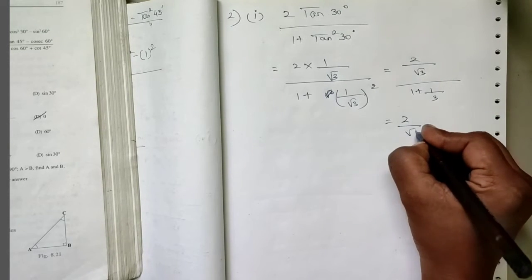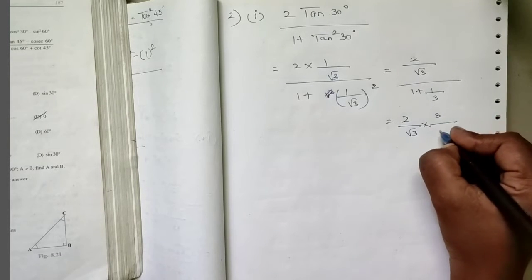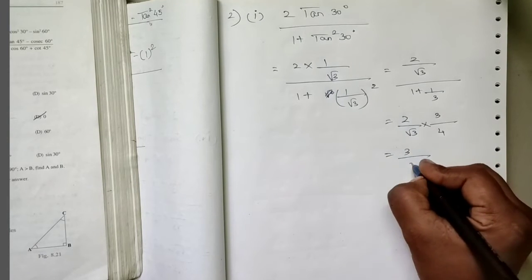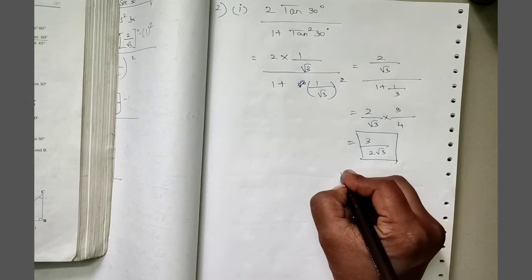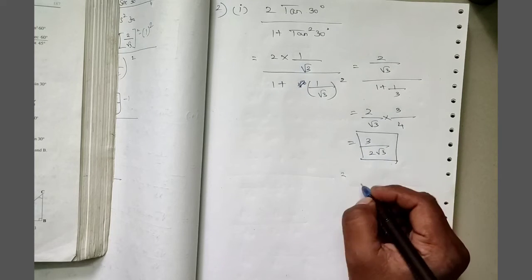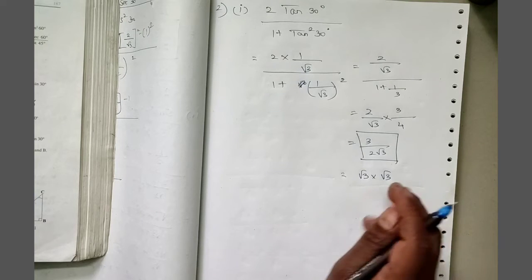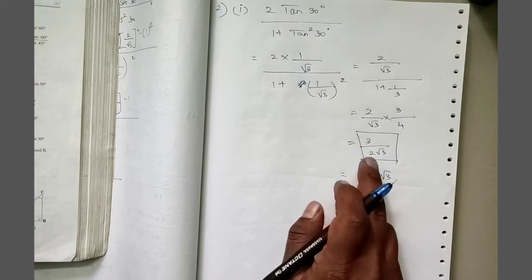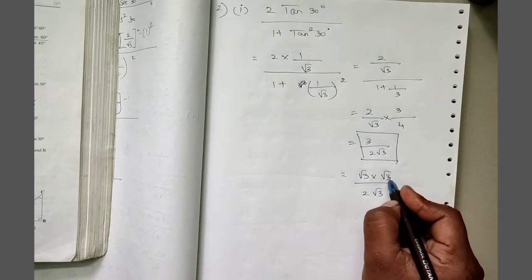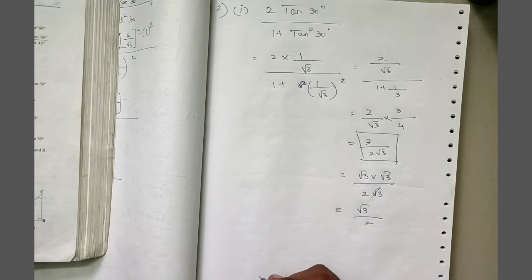So 2 by root 3, when it comes to the numerator, it is 3 by 4. So again we can cancel this. It will be 3 by 2 root 3. From this, what we can derive is 3, we can take it as root 3 into root 3, correct? When we multiply this, root 3 and root 3 cancel and we get root 3 by 2.